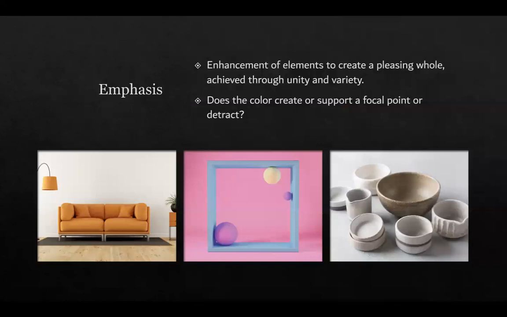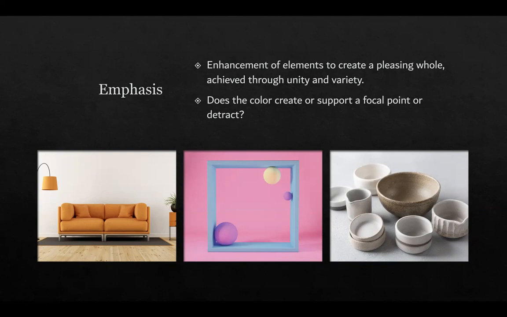So emphasis is pretty straightforward. It's mainly the focal point. For example, the very left image shows the focal point as the couch, because having the rug underneath helps focus on the couch more. If there wasn't a rug, it would be harder to know what the focal point is.